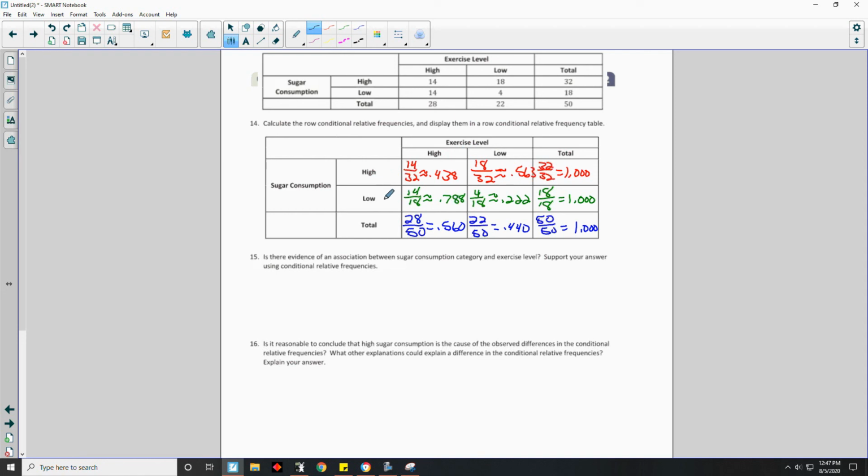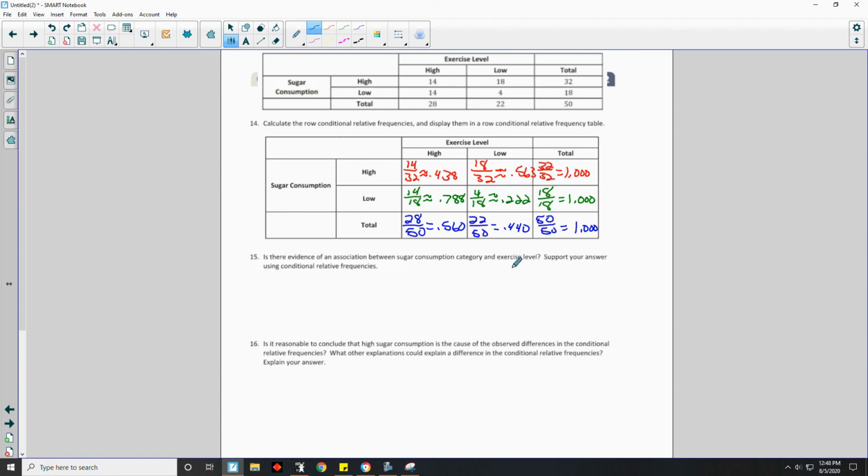So it looks like the less sugar, the more you exercise. High sugar, more had less of an exercise level. And low sugar, low exercise level was 22%. So low sugar, low exercise doesn't correlate. The lower the sugar level, the more you exercise. The higher sugar level, the less you exercise.